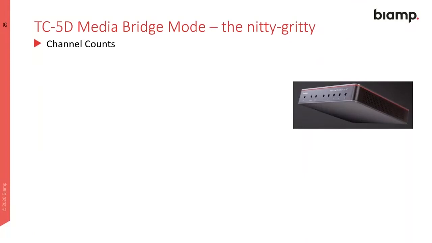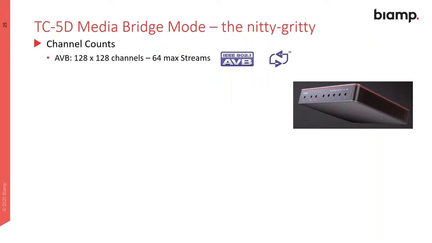So let's go to the channel count, which is a question that always comes in. On AVB IEEE 802.1, we can have up to 128 by 128, 64 maximum streams. So whichever runs out first: you can have 128 by 128, or you can have up to 64 maximum streams, because a stream can be 64 channels.